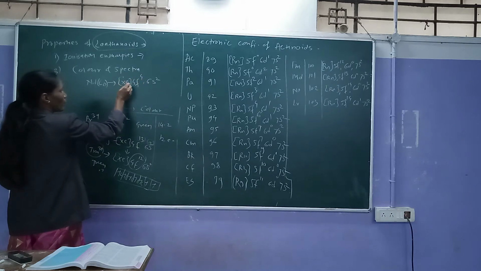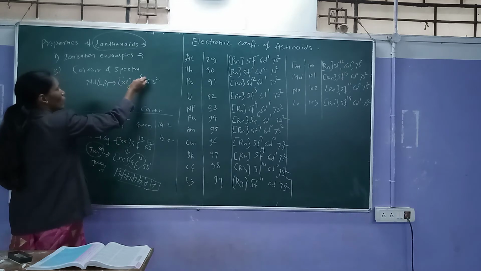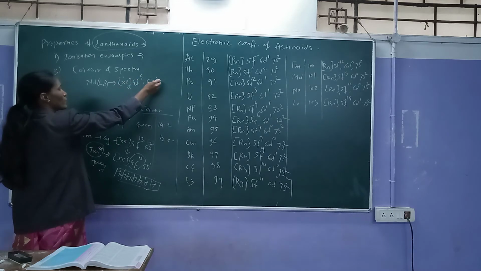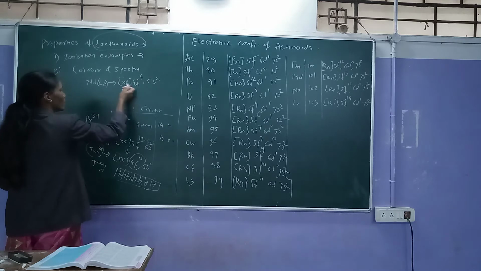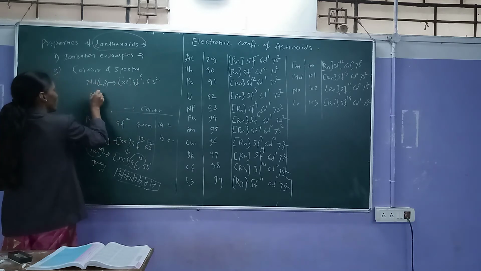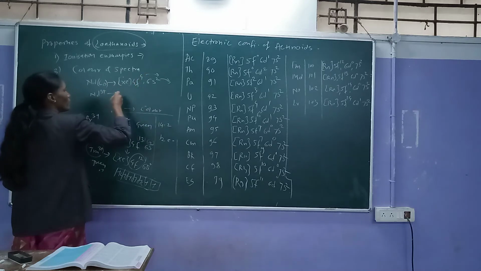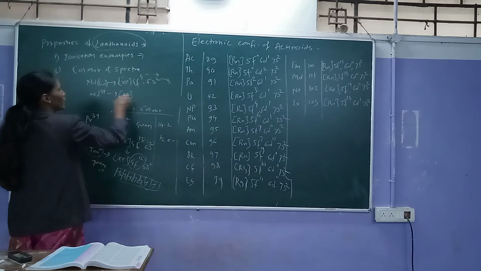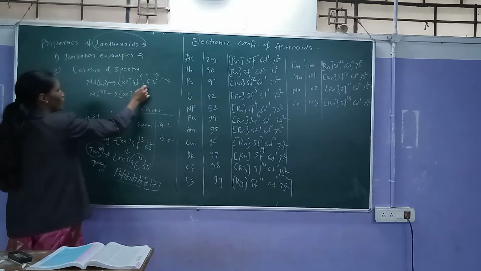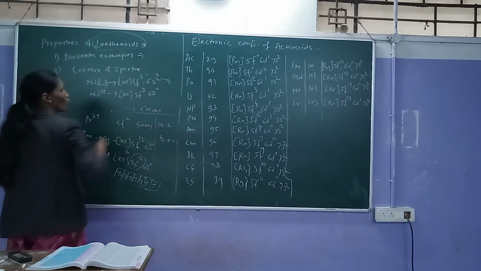Xenon has atomic number 54, plus 4 and 2 gives 60. Nd3+ means loss of 3 electrons, 2 from 6s and 1 from 4f, so the remaining configuration is xenon 4f3 6s0.